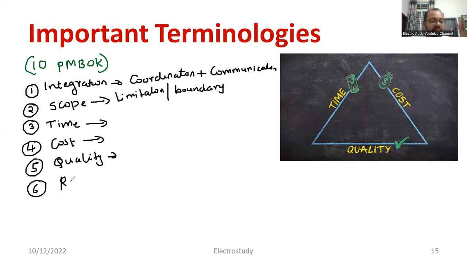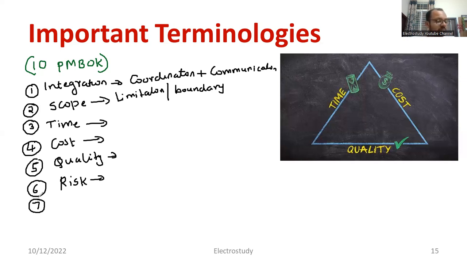Another important factor is risk. You know that project management is a risky job. There is a lot of uncertainty, unfavorable events, unfavorable circumstances, many things will be there. As a project manager, you need to face all the unfavorable events and circumstances.